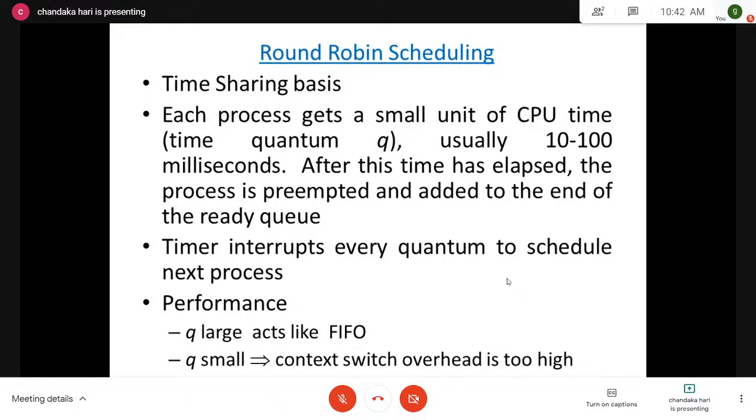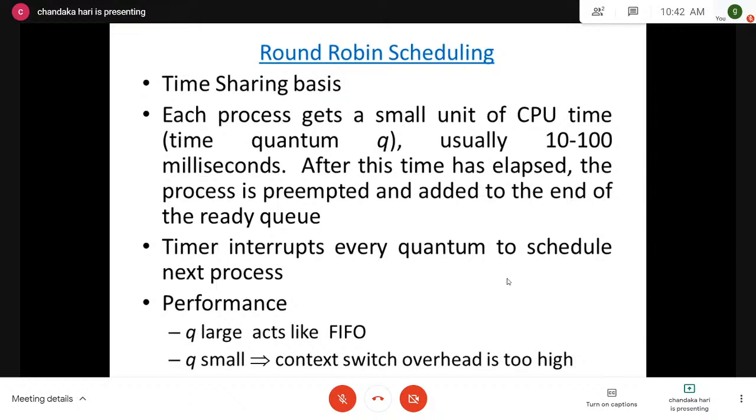In round robin scheduling, each process gets a small amount of time for execution with the CPU. That amount of time is called the quantum, usually 10 to 100 milliseconds. After this time has elapsed, the process is forcibly preempted and added to the end of the ready queue. Why? Because the CPU is dedicated a small amount of time on each and every process, and the process may or may not be completed.